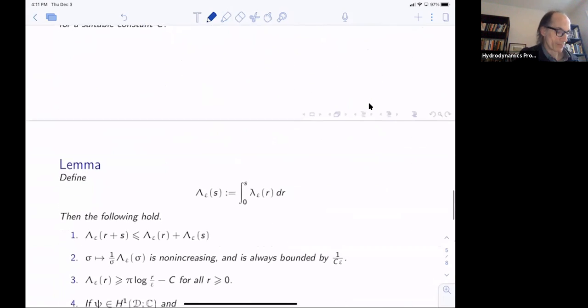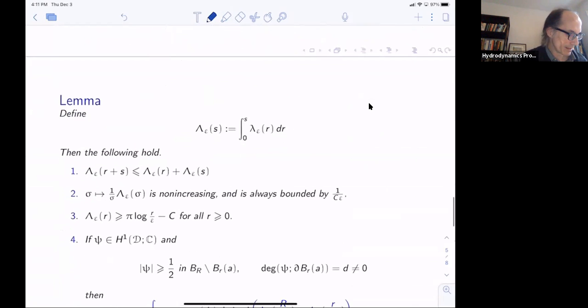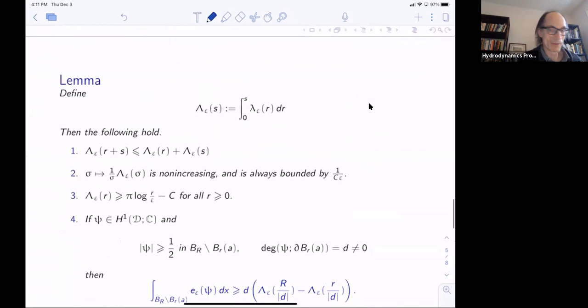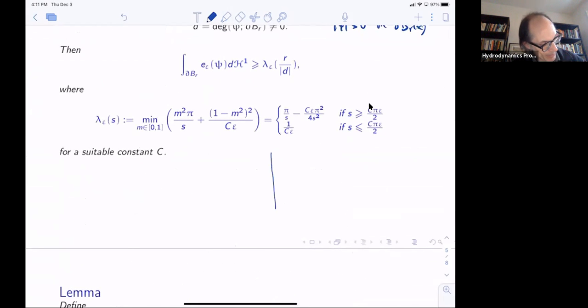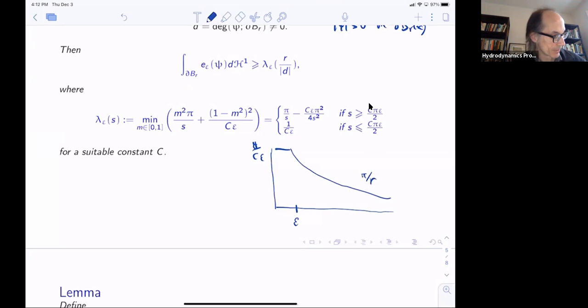We'll say capital lambda epsilon of S will be the integral from 0 to S of little lambda epsilon of r dr. The main point to look at here, let me draw a picture of lambda epsilon. It looks like basically 1 over epsilon, and then it behaves like pi over r, pi over s.